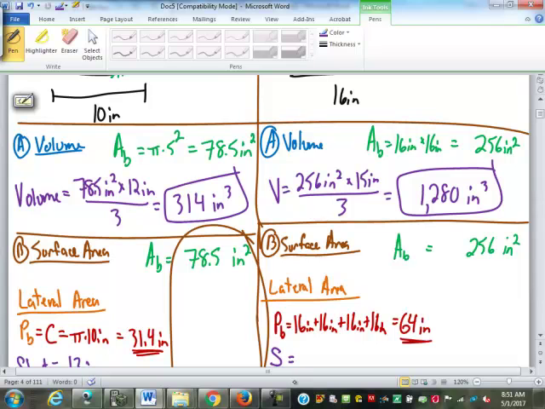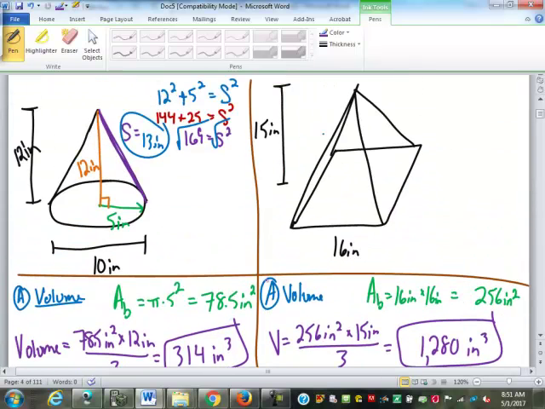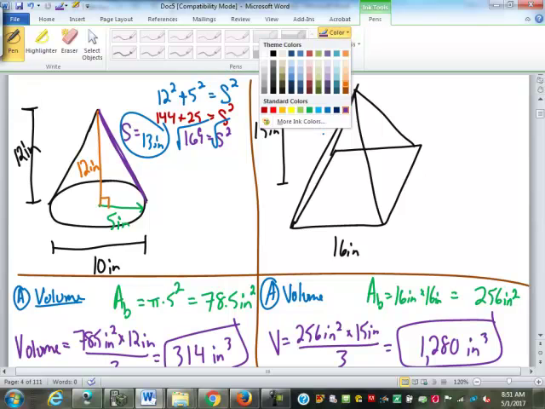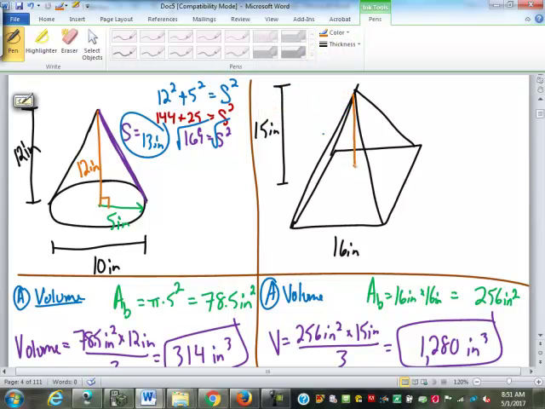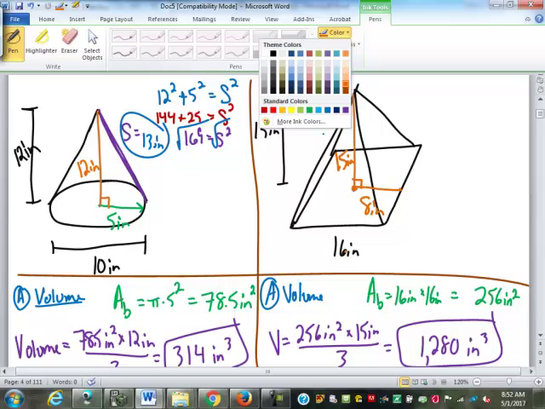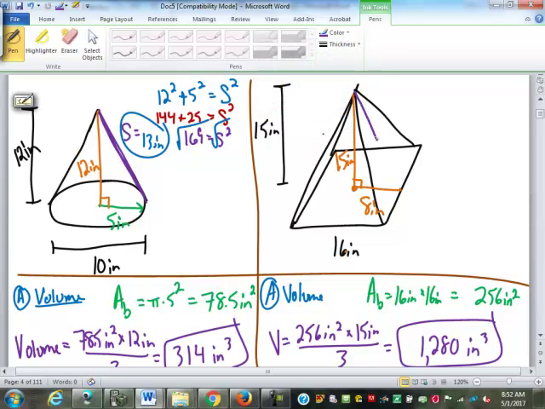I also need to know the slant. So I'm going to go up here. If I draw the height down from the peak, it should hit square in the center of that. That's 15 inches. Then from there over, should be half of the side. That should be 8 inches. So the slant is this length down here, which is the hypotenuse.